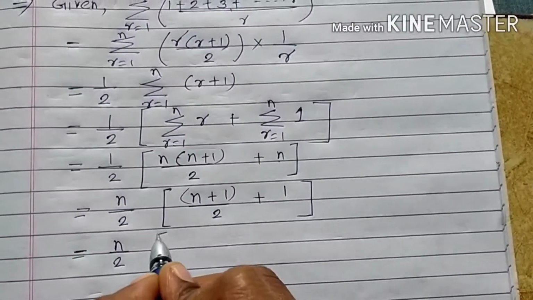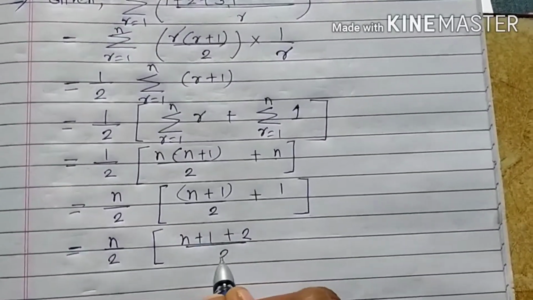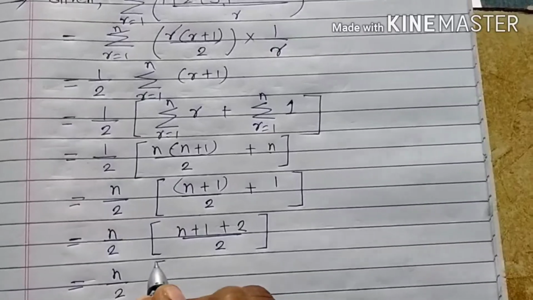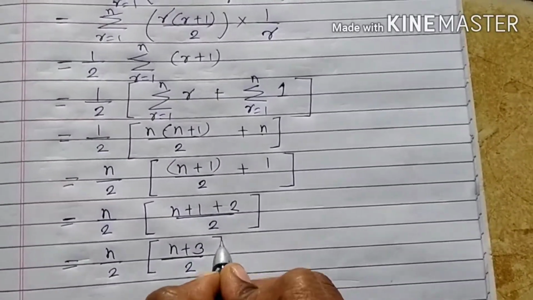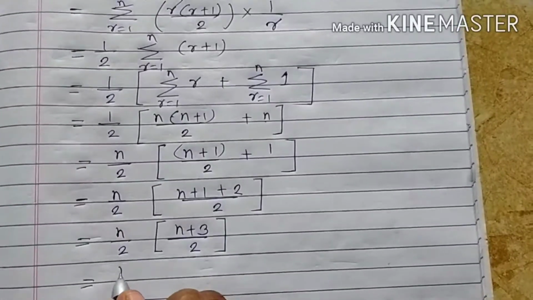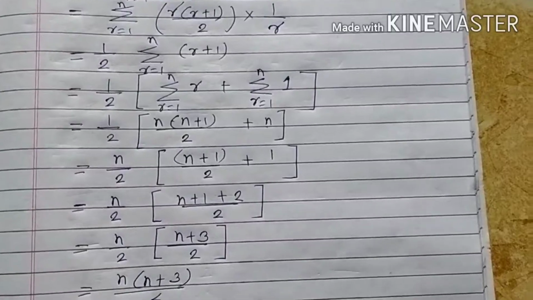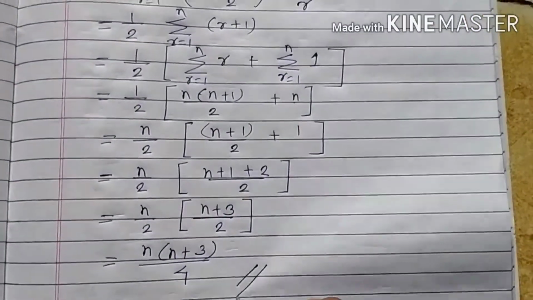So n by 2 times (n plus 1 plus 2) upon 2. So we get n upon 2 times (n plus 3) upon 2. So it is like that n(n plus 3) upon 4. So this is your answer.